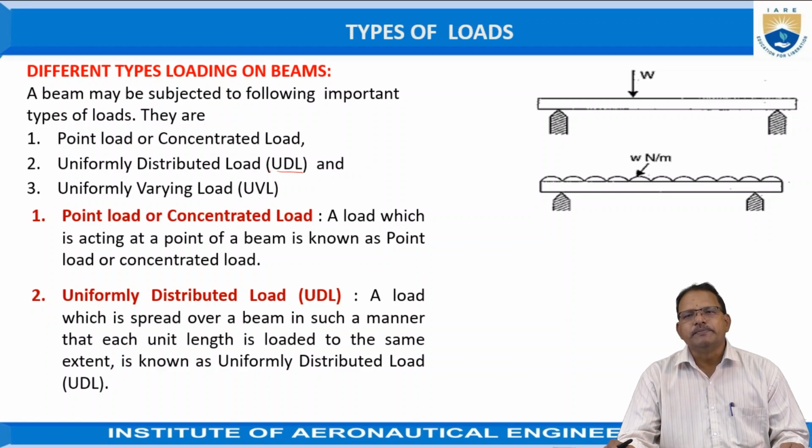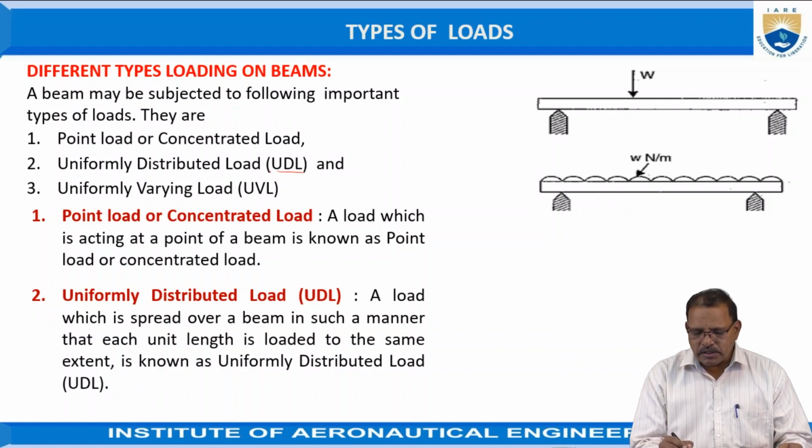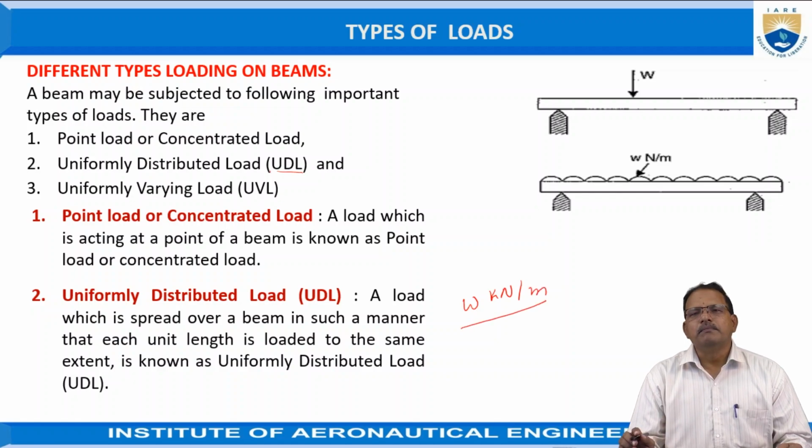A load which is spread over a beam in such a manner that each unit length is loaded to the same extent is known as uniformly distributed load. Generally, it is represented as omega kilonewtons per meter.